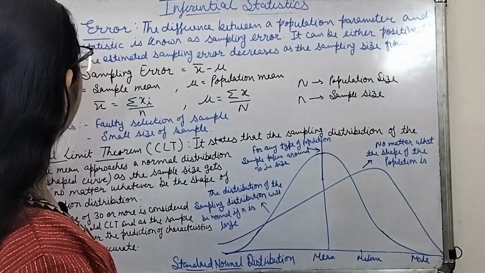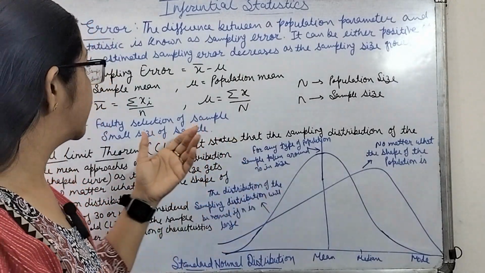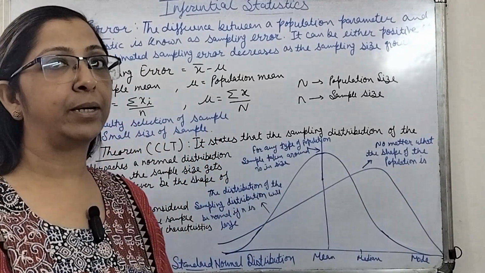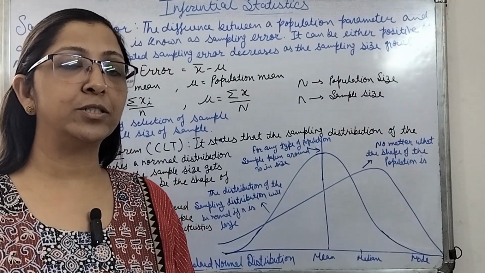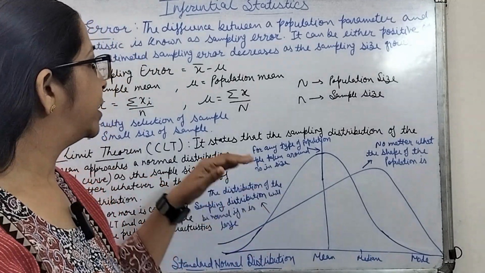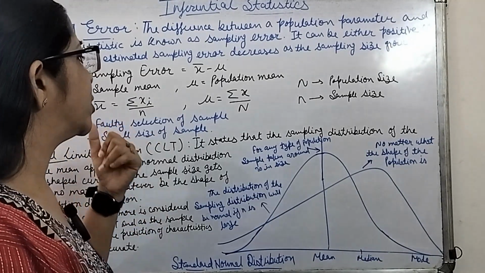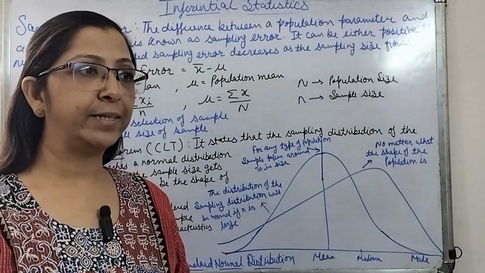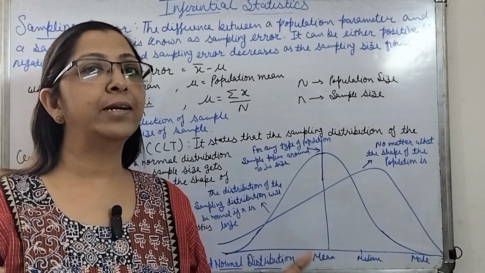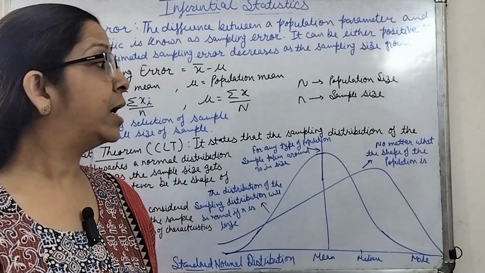Now why is there error in the sampling? There could be so many reasons for it. One of the reasons could be faulty selection of the sample. That means the sample is not selected properly. Whatsoever observations we have selected, if they are not selected properly, in that case there could be error. Or the small size of the sample could even be one of the reasons. See, suppose I am saying that there are 1 lakh people, and we have taken only 10 or 15 members as a sample.